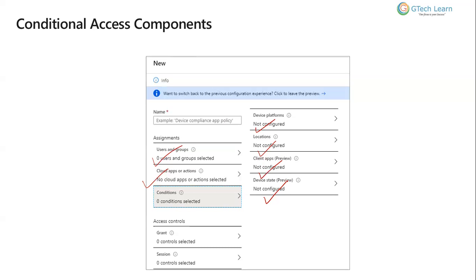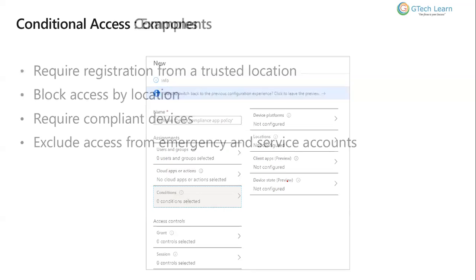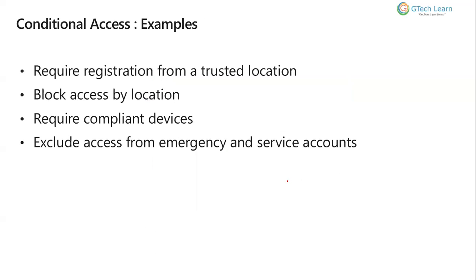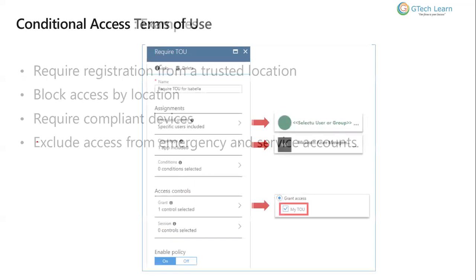Now, if I'm talking about conditional access examples, we can require registration from a trusted location, block access by a specific location, or require a compliant device in order to access any resource of my organization. Or if I want to exclude emergency and service accounts from access to the resources, then we can implement a conditional access policy for the same.